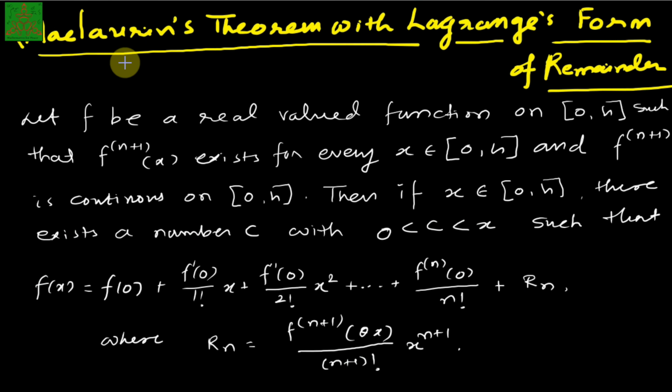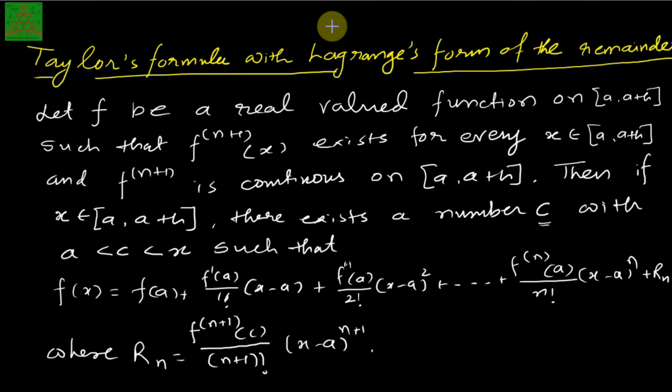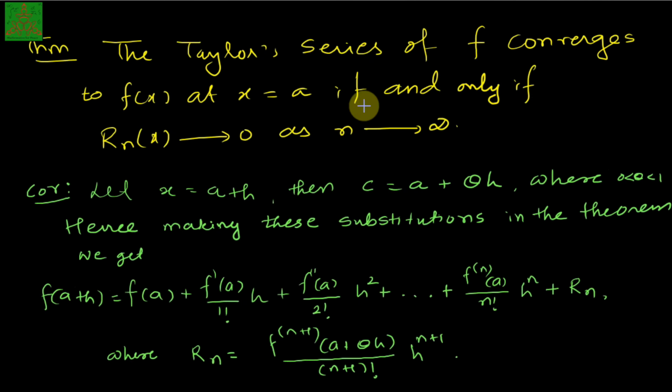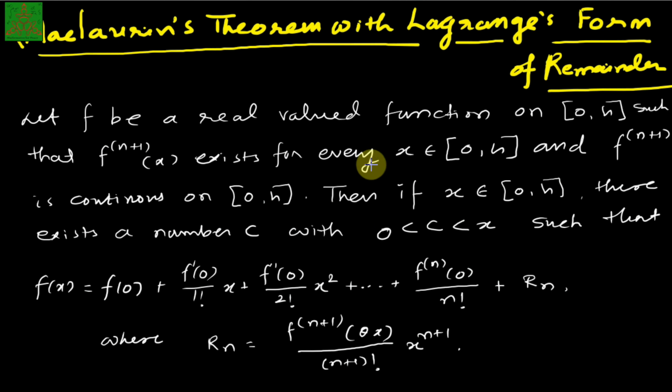For the particular case a equal to 0, Taylor's formula converts to the Maclaurin formula. So in the Taylor formula, if you substitute a equal to 0, then this is known as Maclaurin's formula, where you have a equal to 0 in each step.